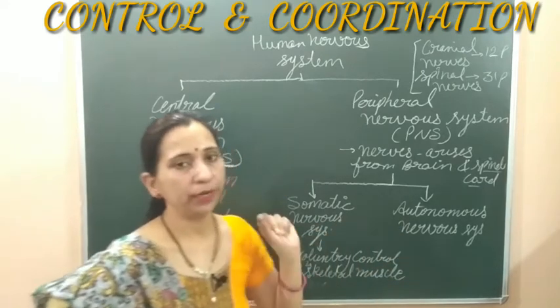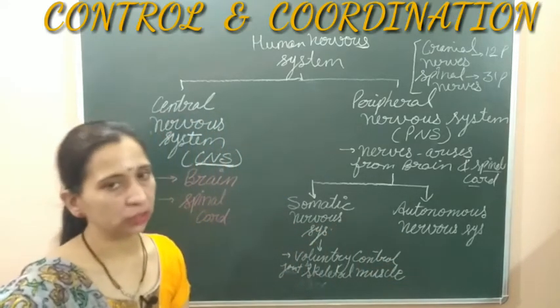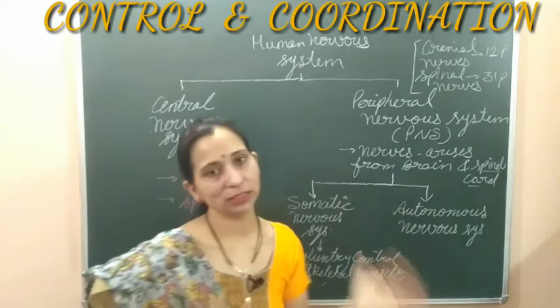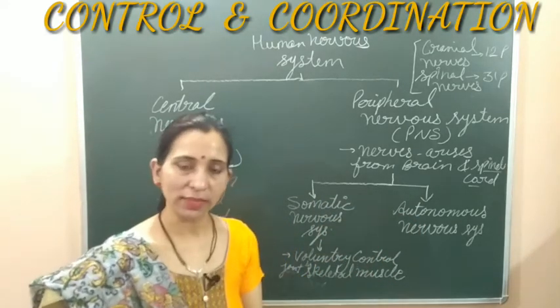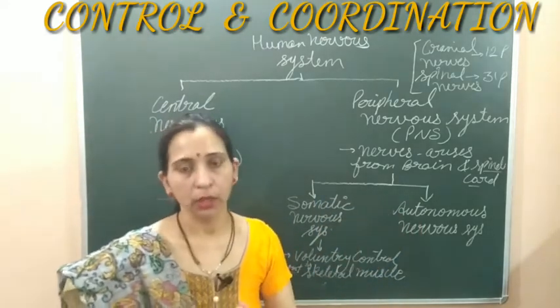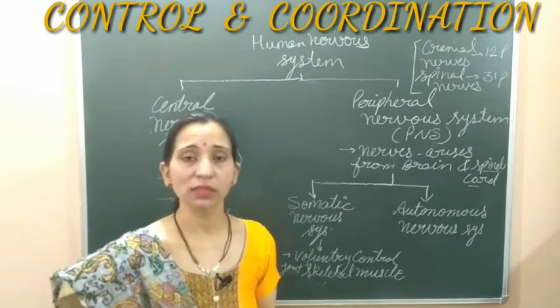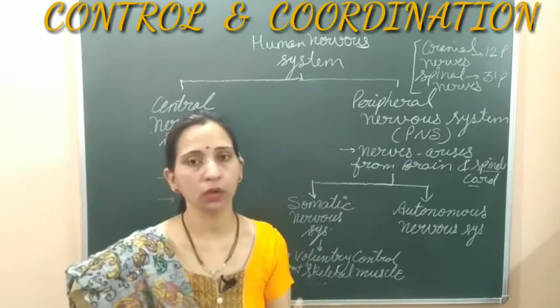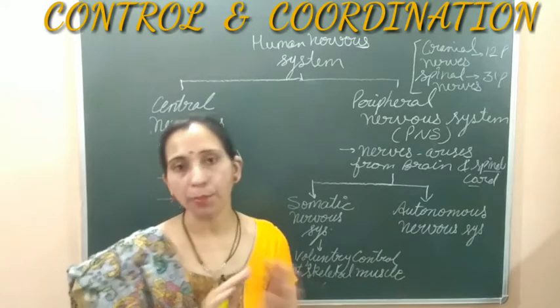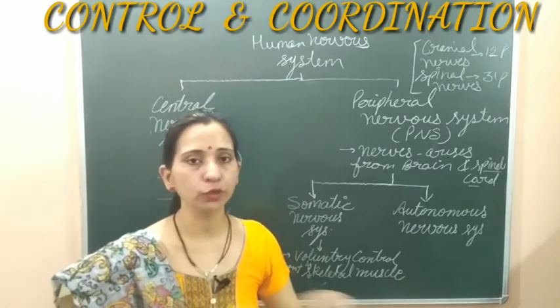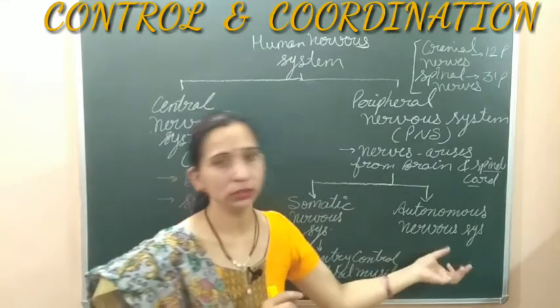The second type of peripheral nervous system is the autonomous nervous system. Here the name suggests the meaning. Auto means self, nomos means governing. So this is the system which is self-governing. It will control itself. No one is going to give instructions and control this system.